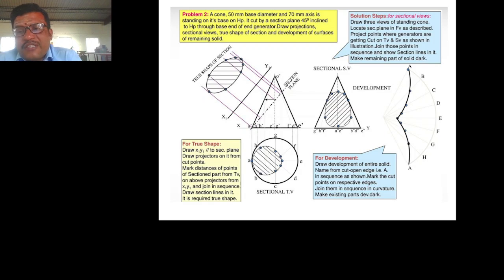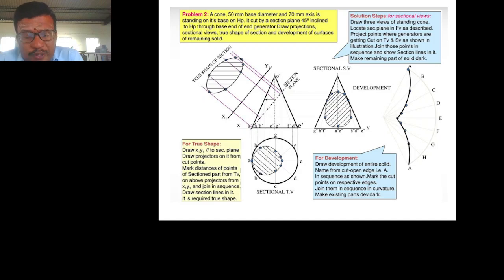Name it as A, B, C, D, E, F, G, H, A. Then join from O dash, O to A, O to B, O to C, O to D, and O to E up to O to H and O to A. Now at OA, mark the point number 1 from the top view.